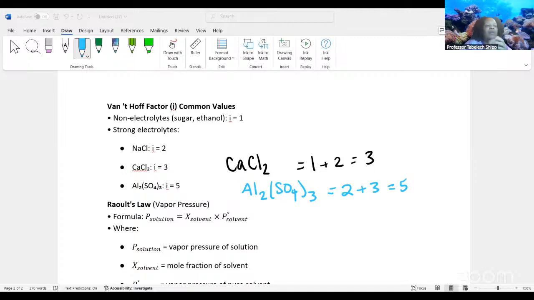So if you have a non-electrolyte like sugar or ethanol, those are non-electrolytes. But if you give them an electrolyte like salt, typically your salts are electrolytes. Those are how you're able to calculate it by looking at the formula, okay? By looking at the formula.